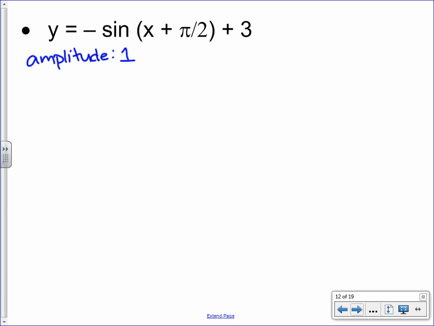There is a negative, which means what? We are going to have a reflected sine graph. Our period is 2 pi divided by b. What is b? 1. So we just have a period of 2 pi.